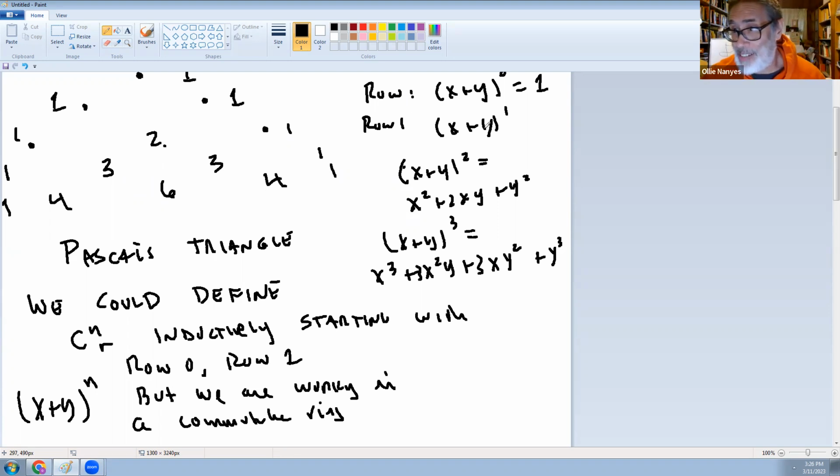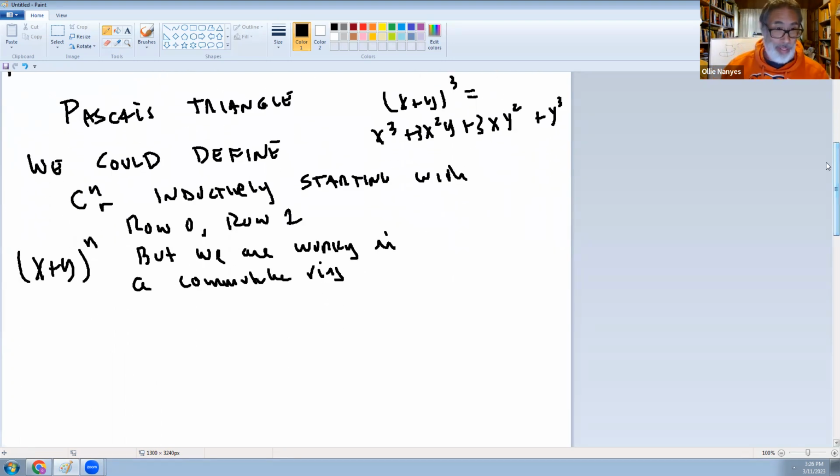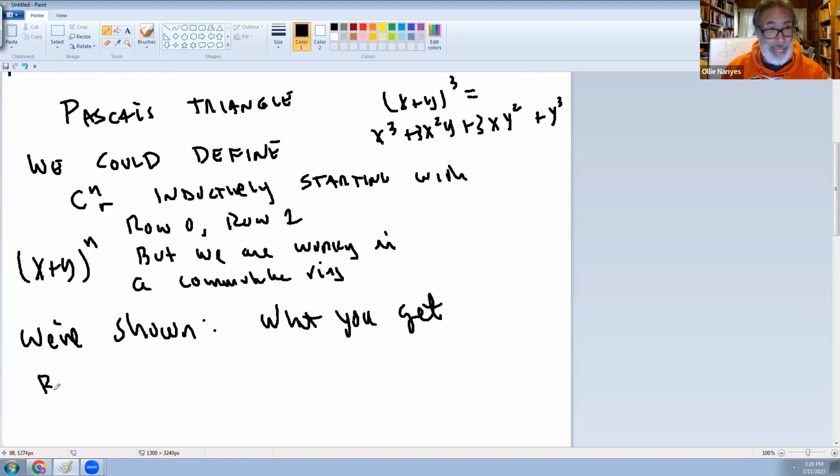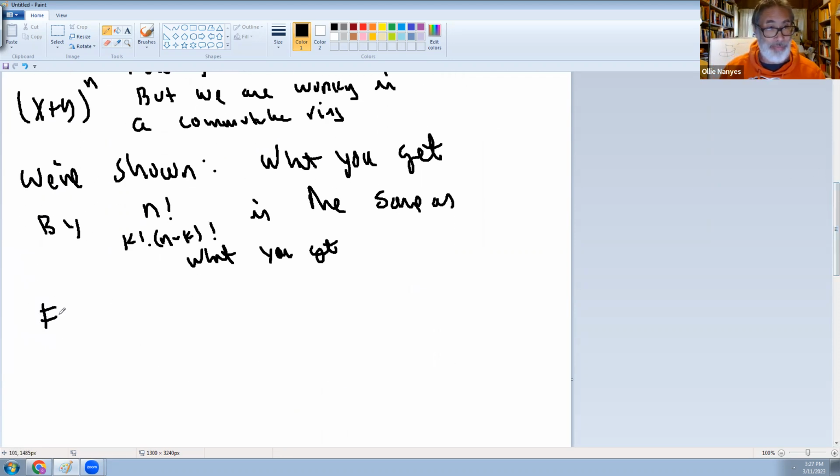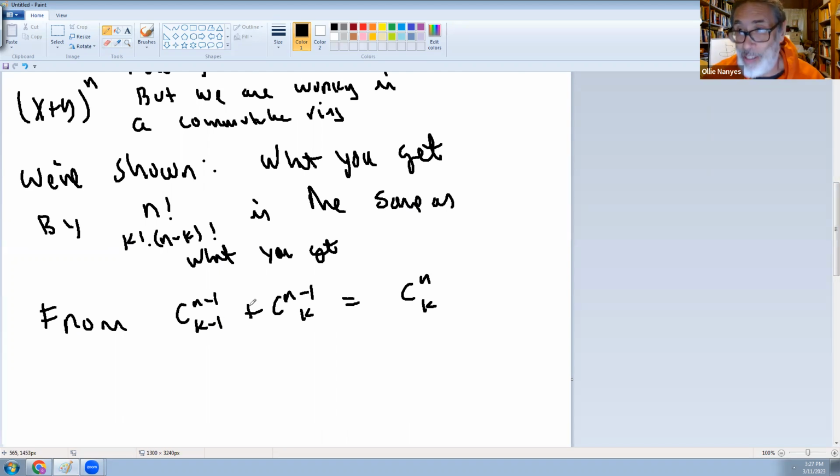So what we've actually done is we've shown that what you get by this formula here is the same as what you get from the Pascal's relation, where this is defined as the sum of the previous two, which have been defined at the beginning.